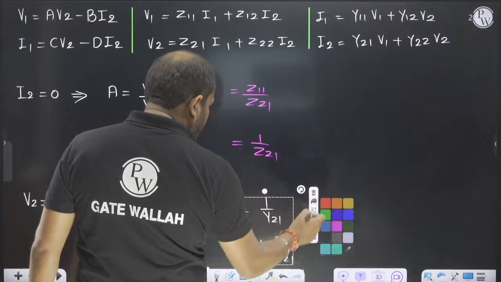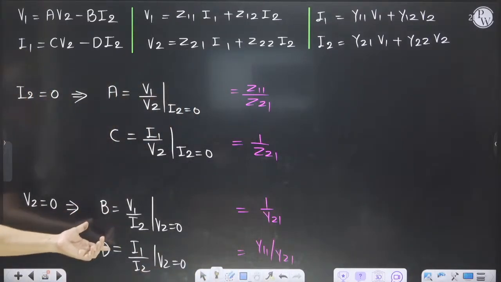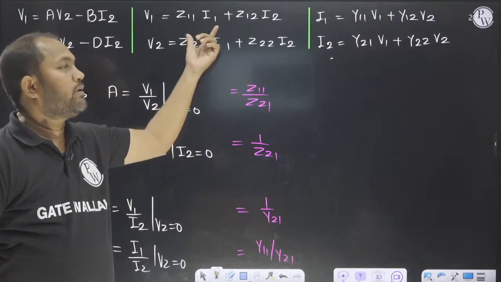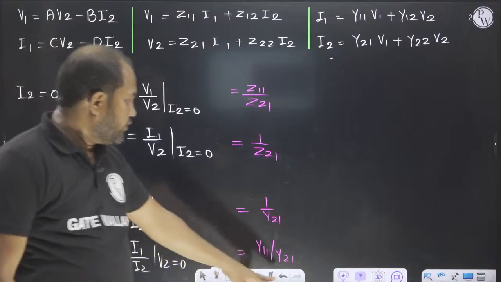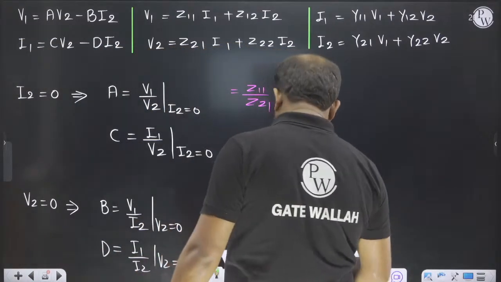Just think over like this. So you have to think: for short circuit it will be y parameter, for open circuit it will be z parameter. Okay, now you know what it is in terms of z parameter.